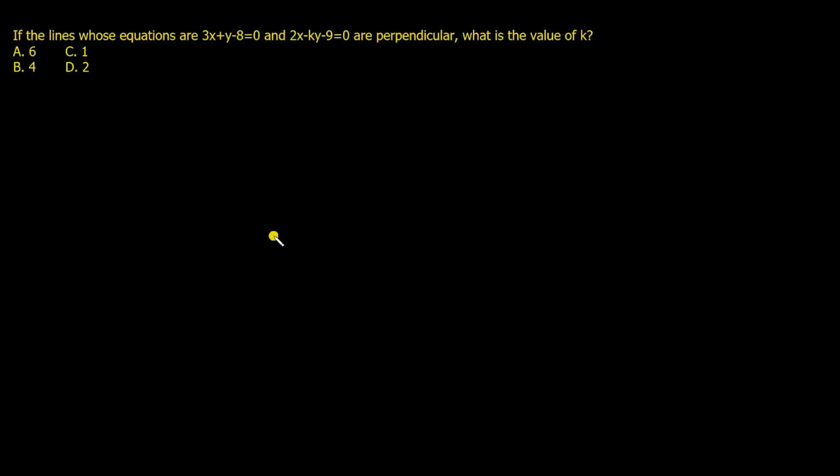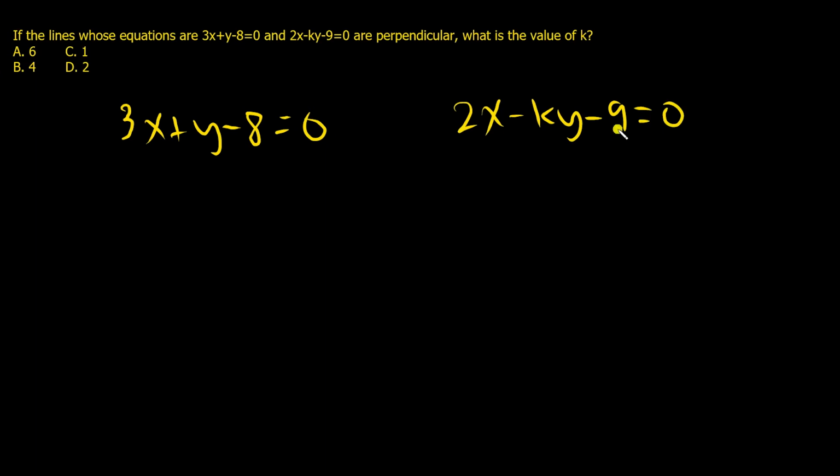So, next problem we have number 3. If the lines whose equations are 3x plus y minus 8 and 2x minus ky minus 9 is equal to 0 are perpendicular, what is the value of k? So, sige. 3x plus y minus 8 is equal to 0 and naa kay 2x minus ky minus 9 is equal to 0.